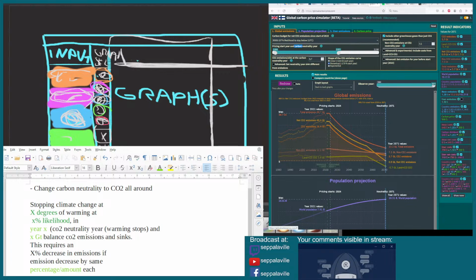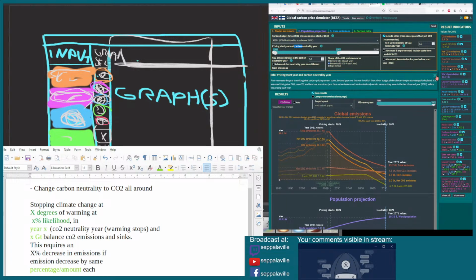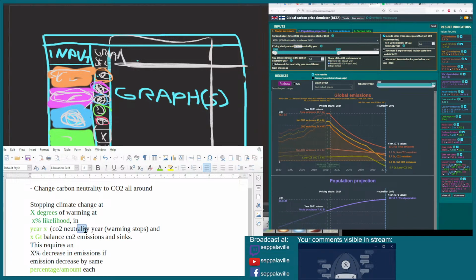Then I wouldn't need all this. Maybe this info text could also be, I don't really know. Okay, I think I'm going to stop streaming now and work on this more later.